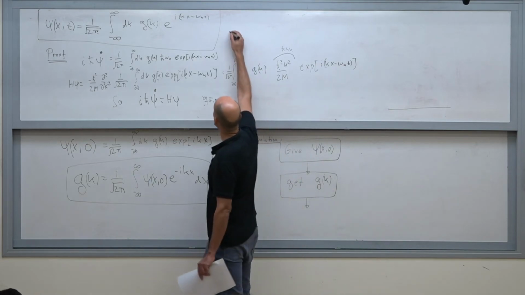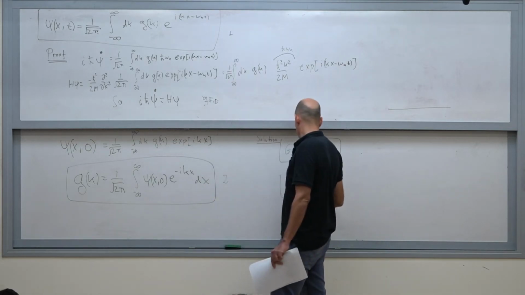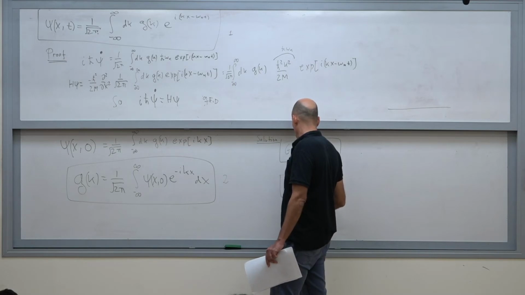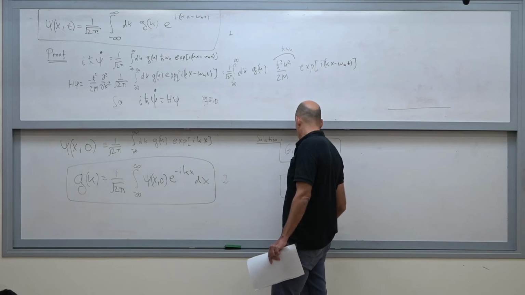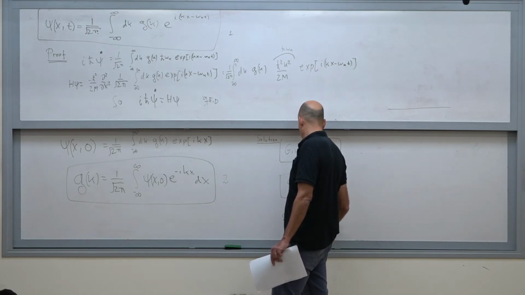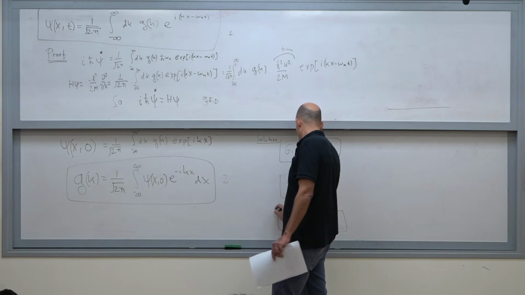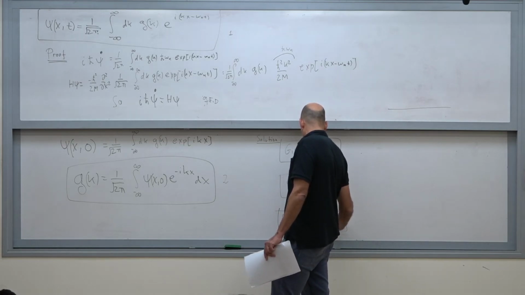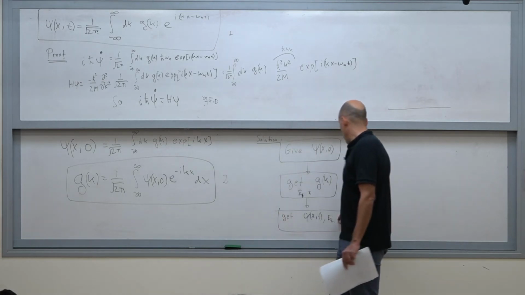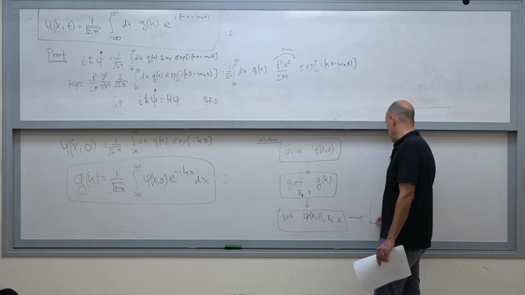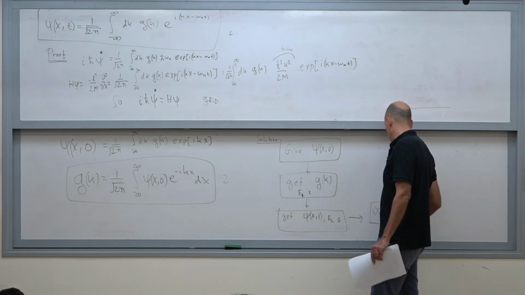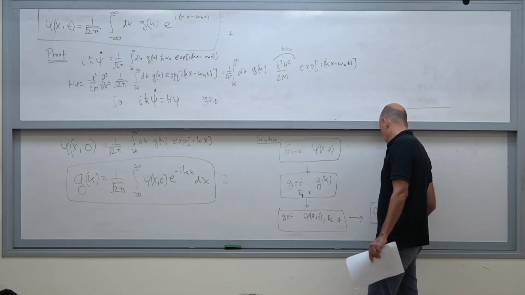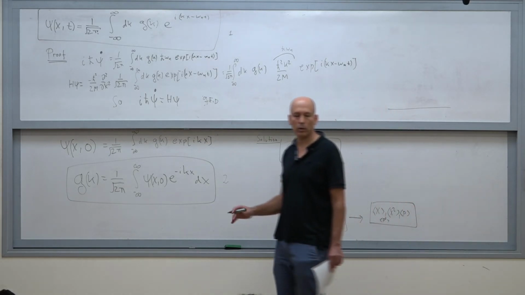Let's call this 2, let's call this 1. And then you can get psi of x and t from equation 1. Then if you want, you can get the average of x, x squared, p squared, etc. You can get whatever you want because you have the wave function.